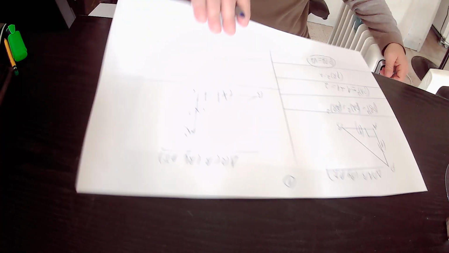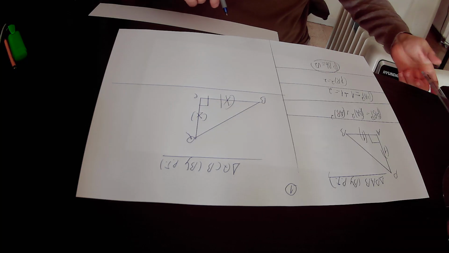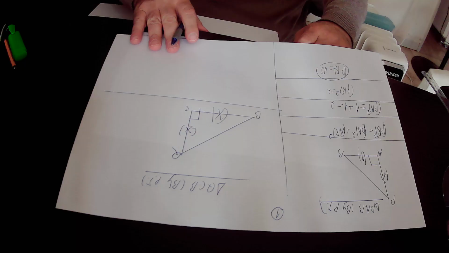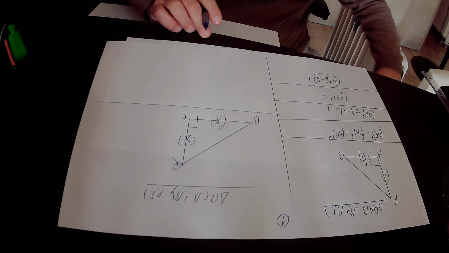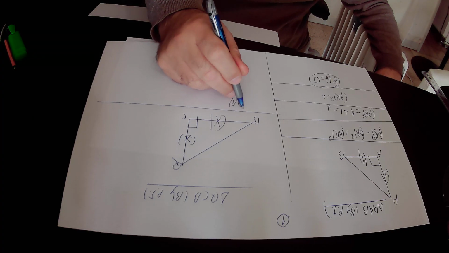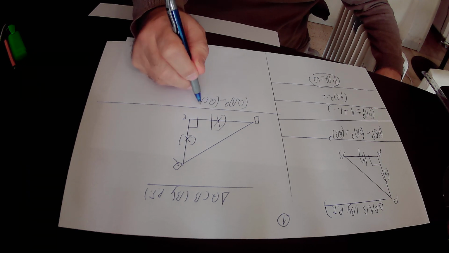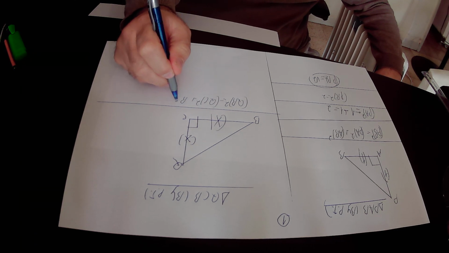So actually, this is the right triangle QCB that I copied from the original drawing. According to the Pythagoras theorem, in this right triangle QCB, QB square, that is the square of the hypotenuse, equals QC square plus BC square.